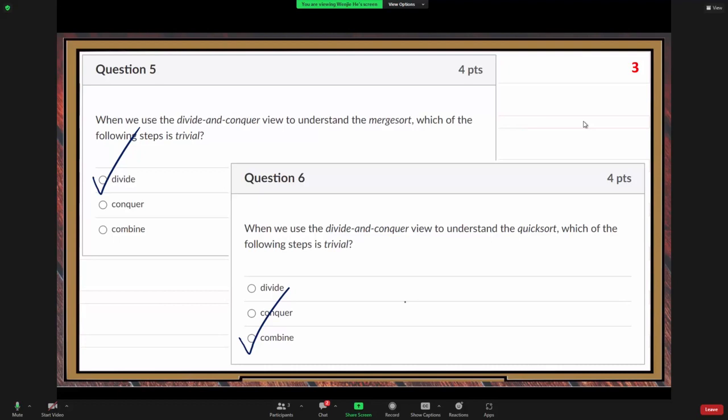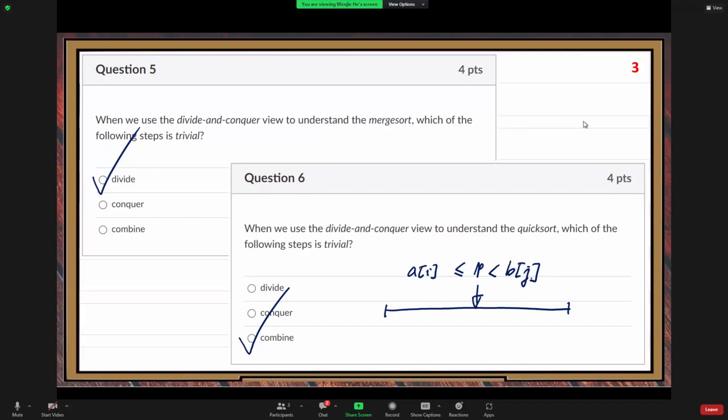When we study quicksort, we spend a lot of time on how we split the given array. If you follow the story, for subarray A we have the property, and for B we have the property. So when you combine, just put them together.